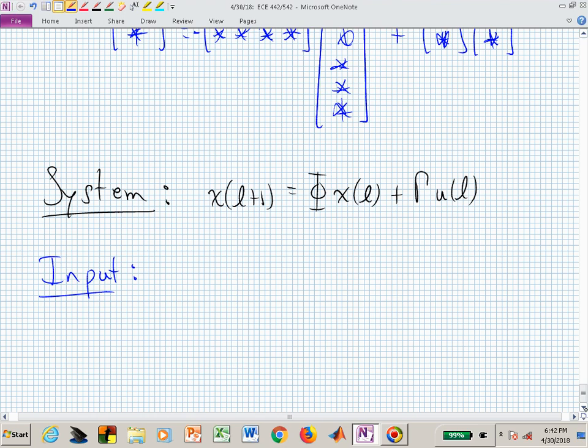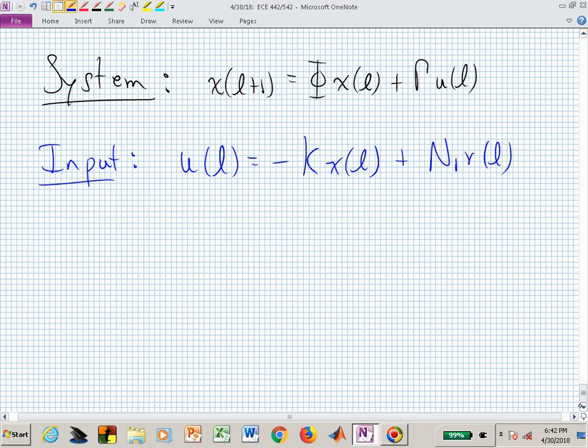The behavior of our system is provided by this first term, minus Kx of k, and where to go is the second piece, a scaled version of the reference.